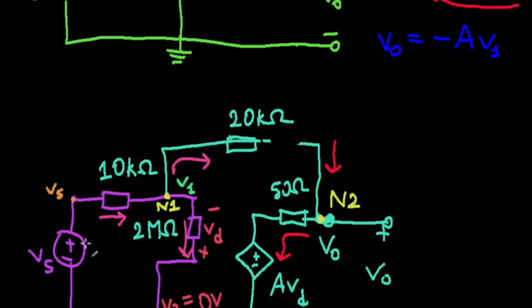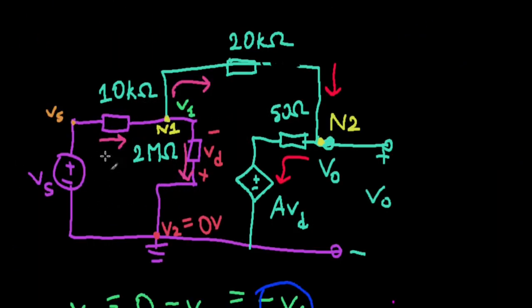The other thing is, this is a closed loop, just a single loop, and there's no current flowing through here because this part is open. So it's just an independent loop. Here you have Vs, which is providing the EMF to these two resistors in series, 10 kilo ohms and 2 mega ohms, and the voltage across the 2 mega ohms resistor, your input resistance, is basically your V1.